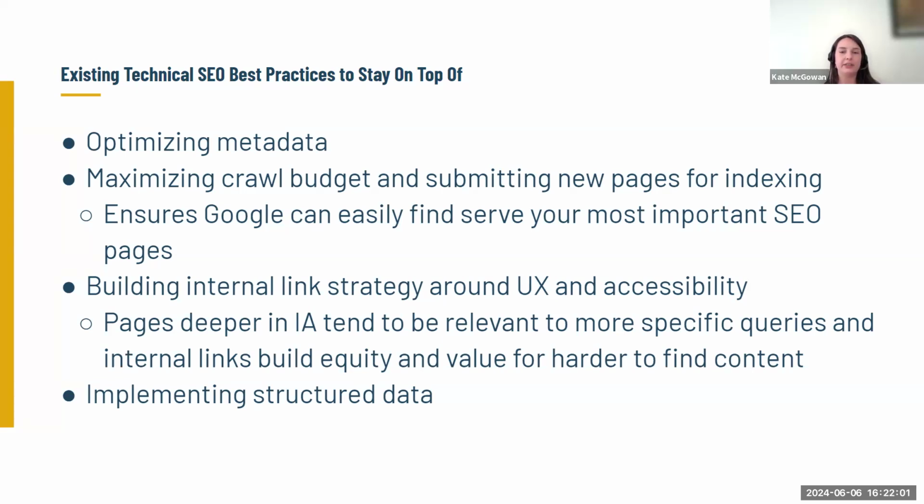So internal links to those deeper pages on pages that are more trafficked can help build equity and value for that harder to find content page and ensure that Google knows that it's there and can serve up the content. As for accessibility, if a user cannot click or find the link to a deeper page, then it's likely they won't find it. And finally, you can implement structured data as much as possible in order to have Google best understand your content.